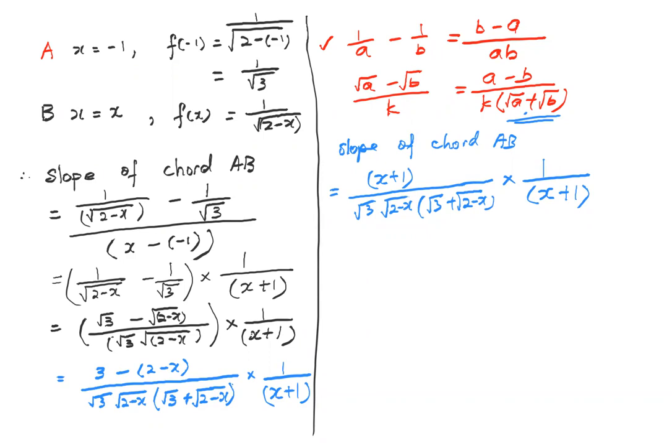3 minus 2 is 1. Negative 1 times negative x times negative, you get x. Am I right? So all this is something that I don't think I have to write down the step at this stage. The expansion of this.